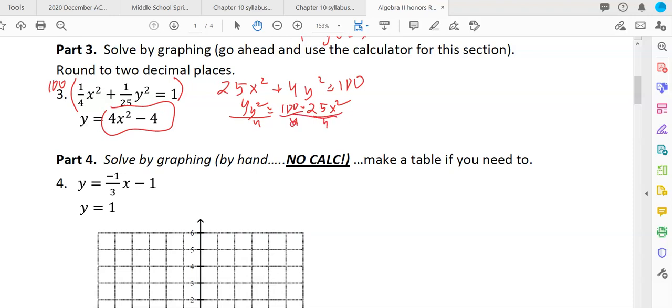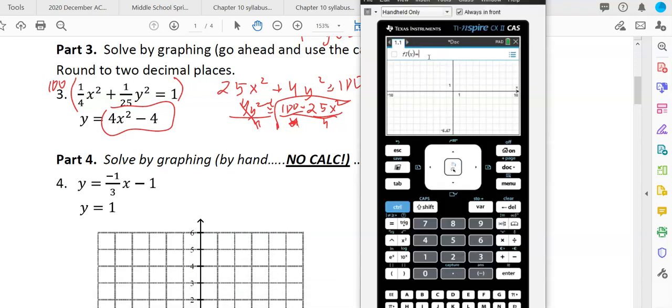Because I did the whole thing, I guess. And take the square root, plus or minus. Okay, so let's go and graph that. I think that's kind of sloppy, but it'll still work. Okay, so we're going to do the square root of 100 minus 25x squared all over 4.